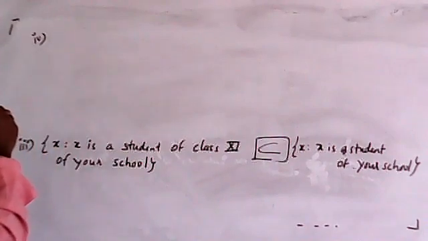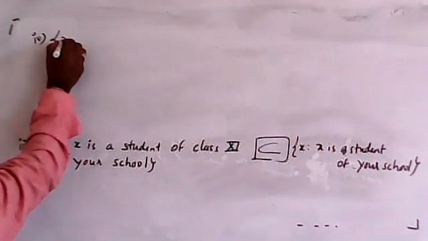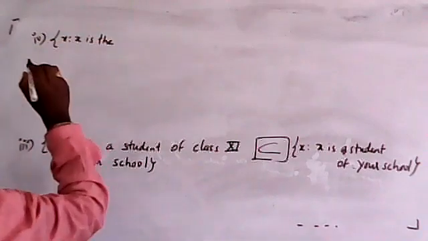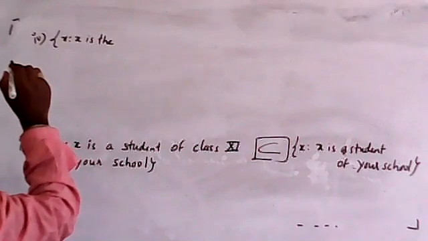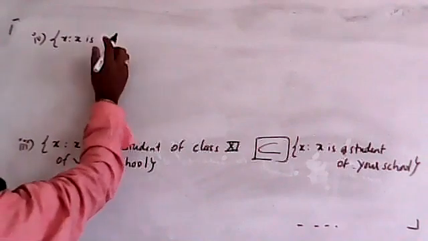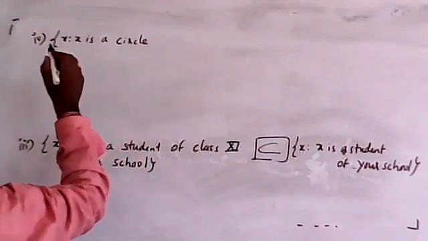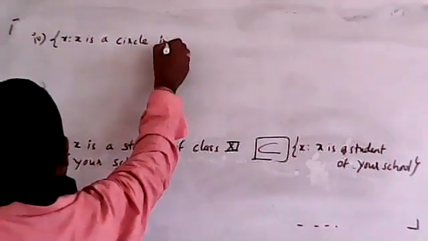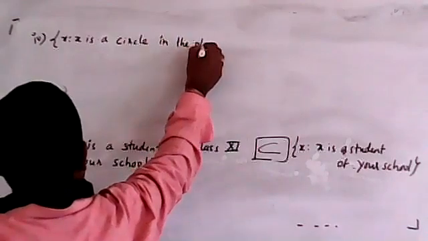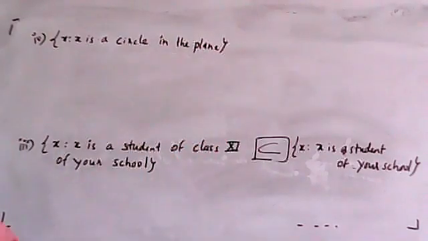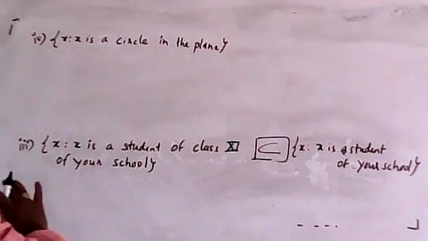The set of all x such that x is a circle in the plane. By plane we mean, suppose the board is a plane, samatala in Kannada.